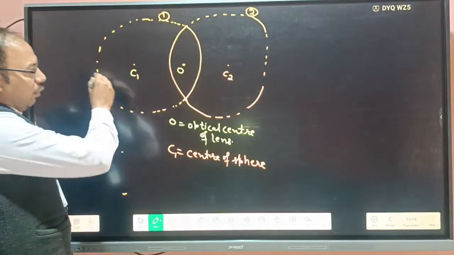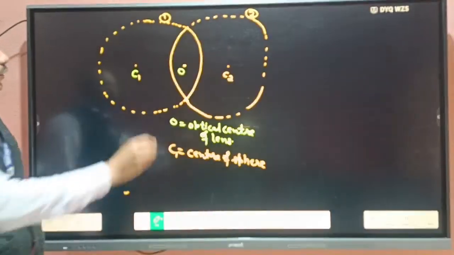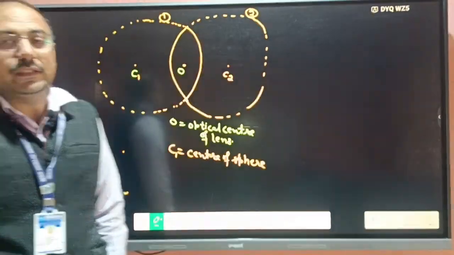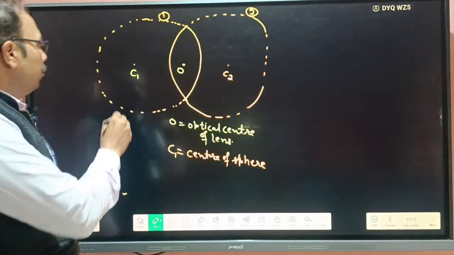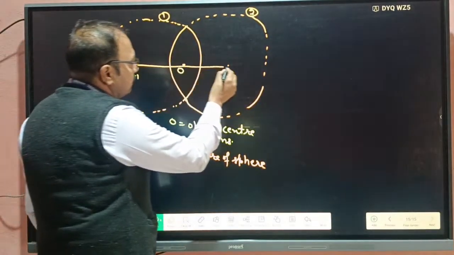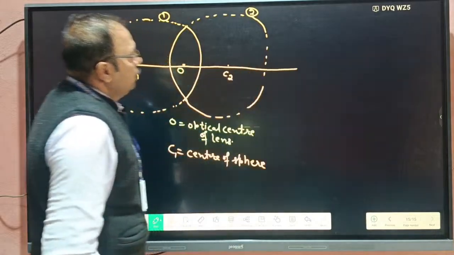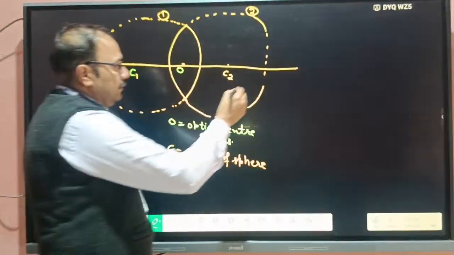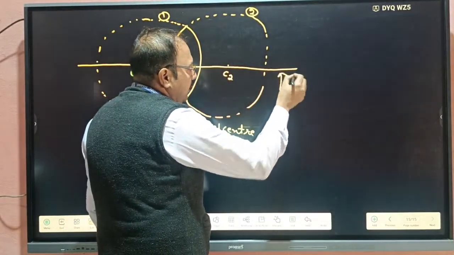If we draw a line passing through C1, O and C2, that line is known as the principal axis. So we draw the line here and mark it.